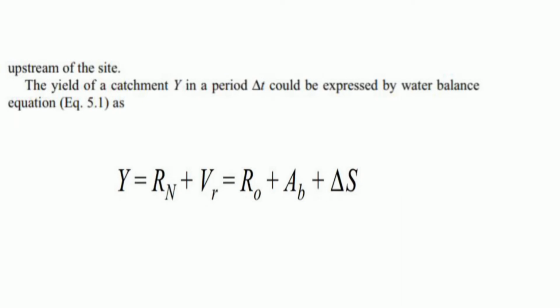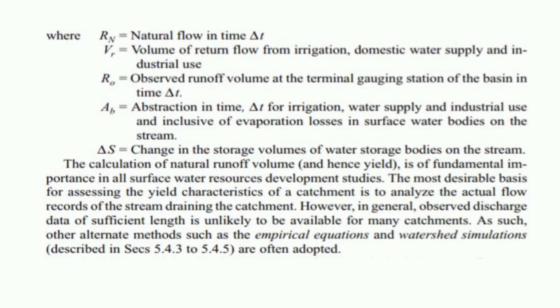The yield of the catchment is given by the formula Rn + Vr = Ro + Eb + Es. Rn is the natural flow in time T, Vr is the volume of return flow from irrigation, domestic water supply and industrial use.